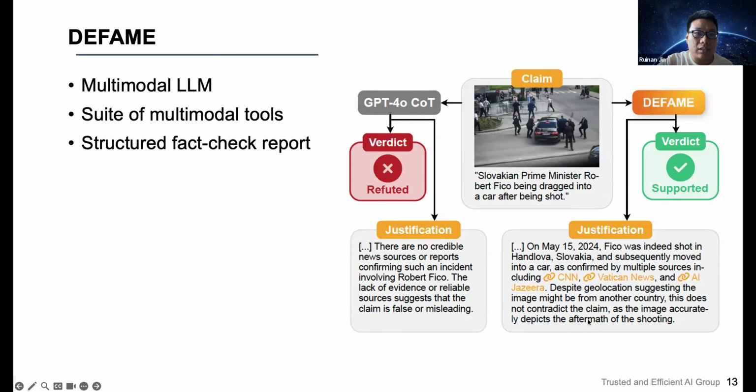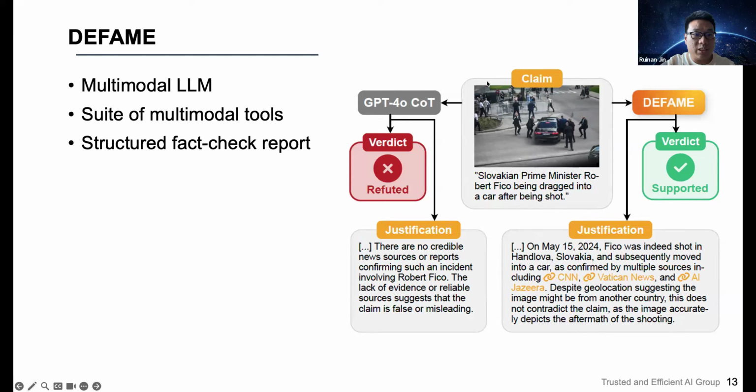So here is its overview. Let me see. Hopefully this is the correct slide. Basically, the input of the system is the claim, which contains the images and a potential caption, or it's just a text claim.